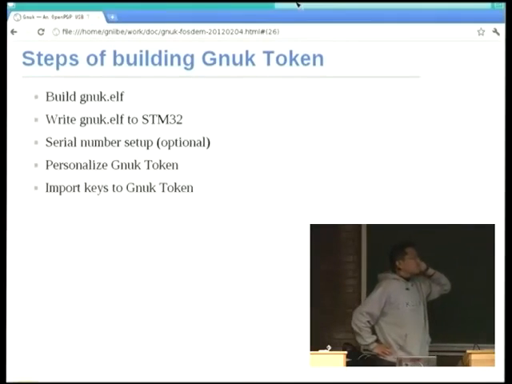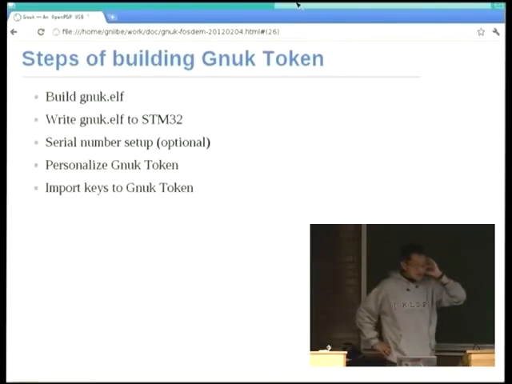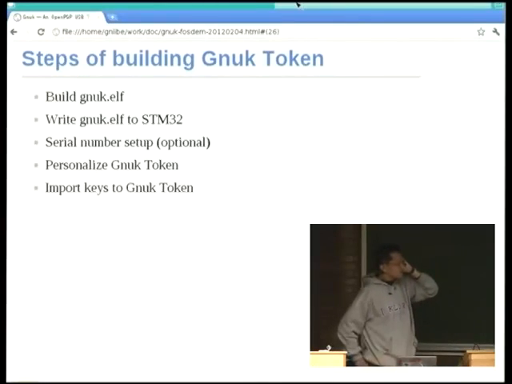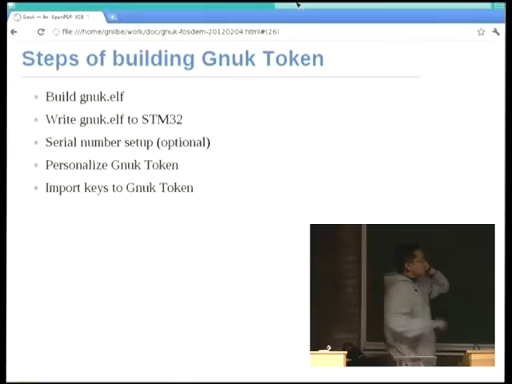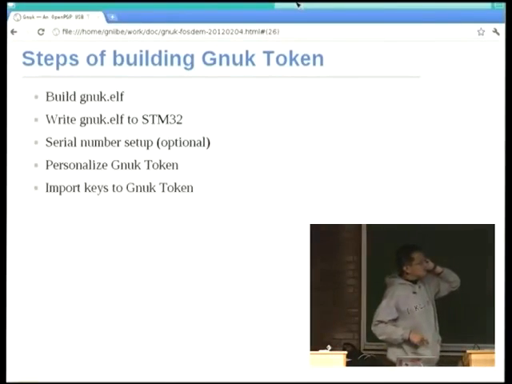When you don't configure a serial number, it uses its own chip ID for the serial number. And then you can personalize the Gnuk token and import keys to it. The last two steps are the same as for the OpenPGP card.